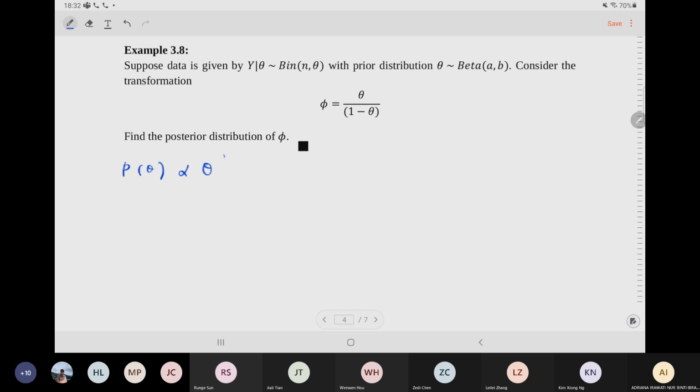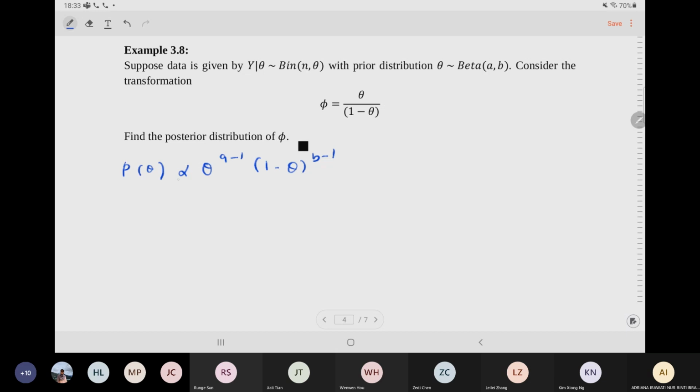If you are already good at it, you can just write the kernel out. So this is the kernel of a beta. You can use proportional, so you don't have to write the full PDF. You can write the kernel. So this is your prior.